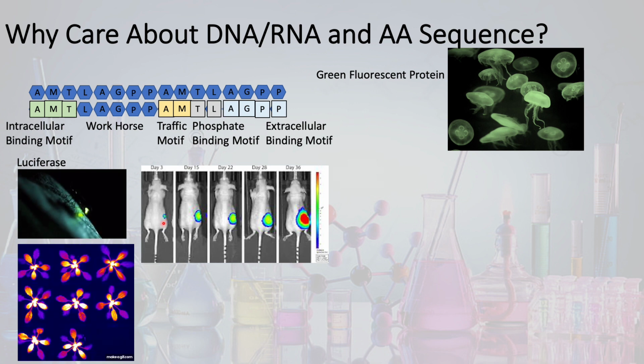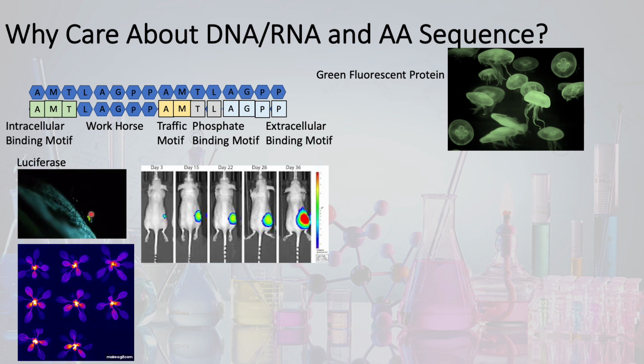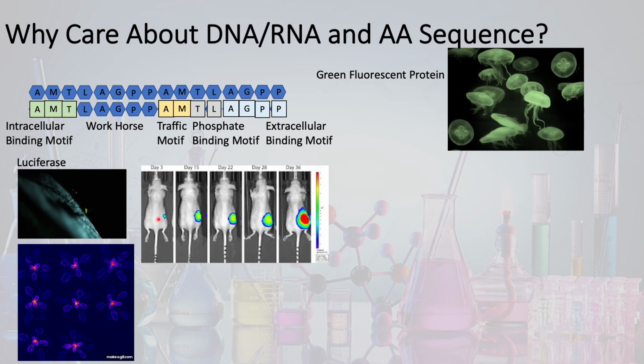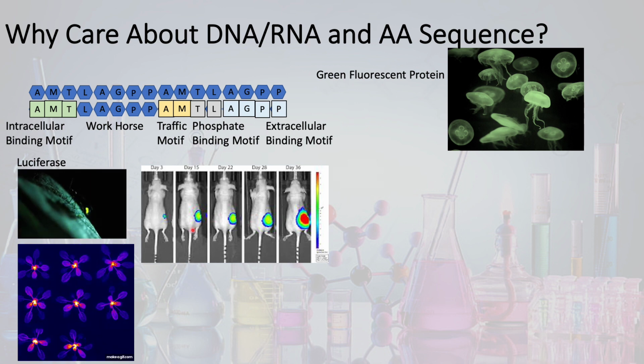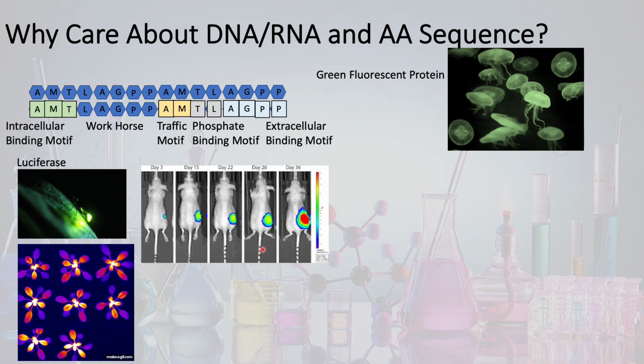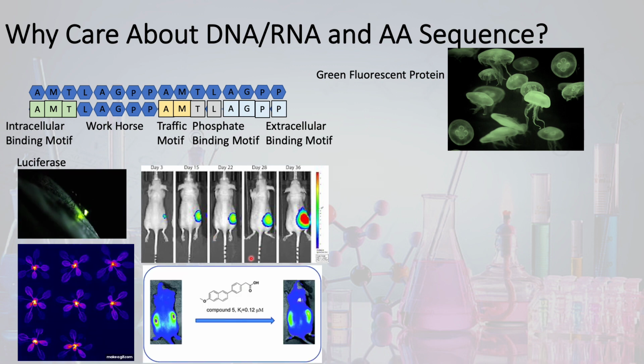Then these mice can be treated with a substrate, oxyluciferin, that will react with the enzyme luciferase and essentially make these tumors glow, right? And so over the course of this tumor development, you can see that the intensity of the light given off by this tumor increases more and more, right? So we can use that protein from fireflies to monitor cancer growth over time, right?